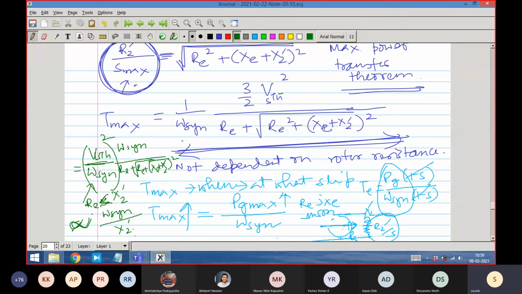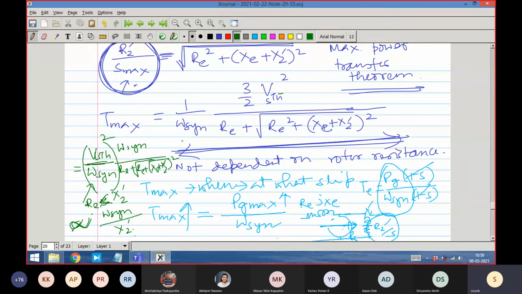That means we are running the machine, and instead of 50 Hz, let us say we are running it at 25 Hz. But while doing so, we have reduced the supply voltage from whatever value we supply for 50 Hz to half the value. So we are maintaining the ratio of VSTH by omega sin constant.